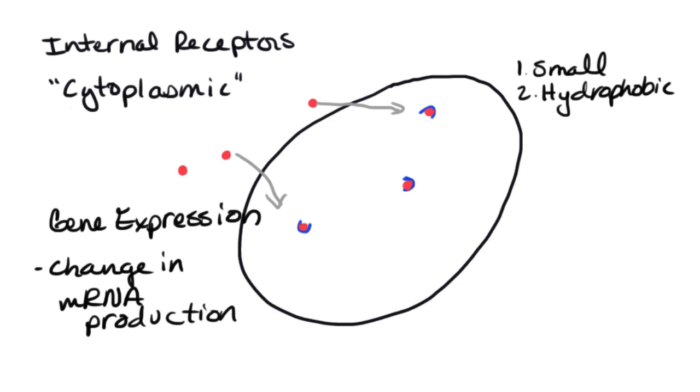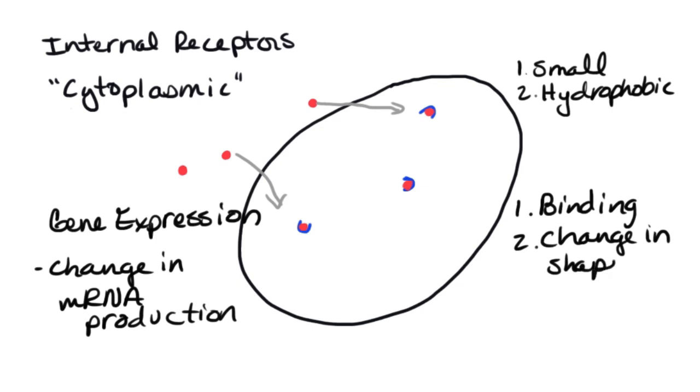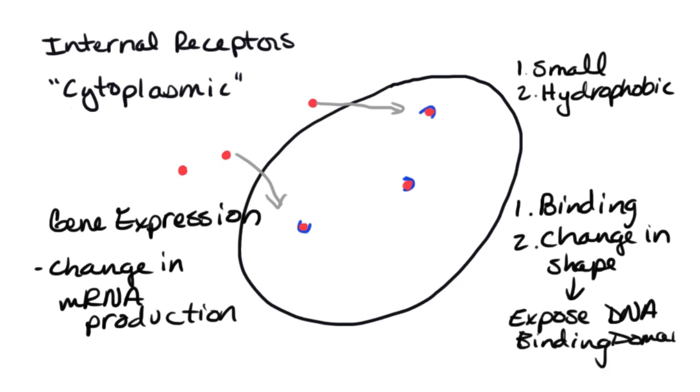So when we do get binding, first we get binding of the ligand to the receptor, and then there tends to be a change in shape. And then that change in shape usually is going to expose a DNA binding domain. And that DNA binding domain is going to cause that receptor to actually bind to DNA.